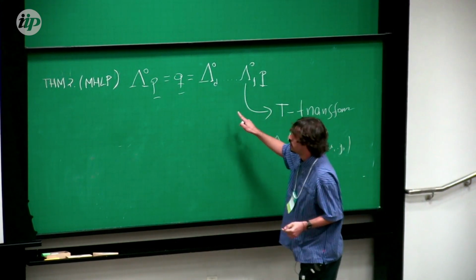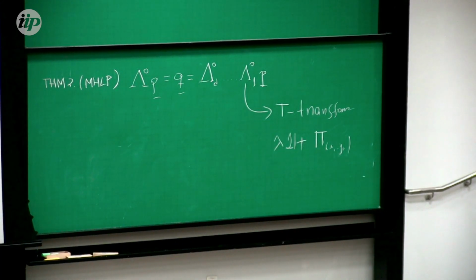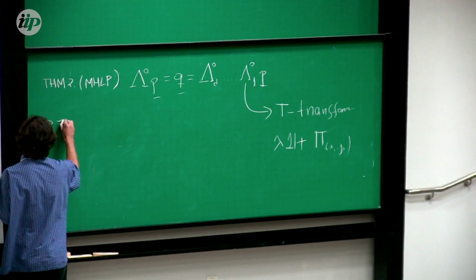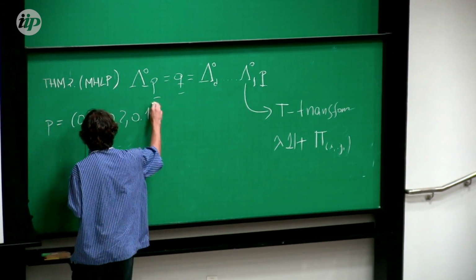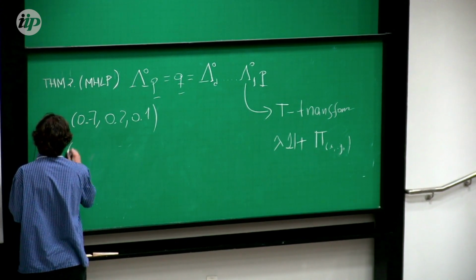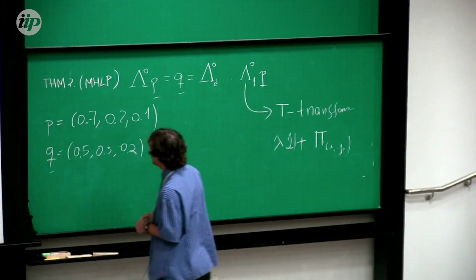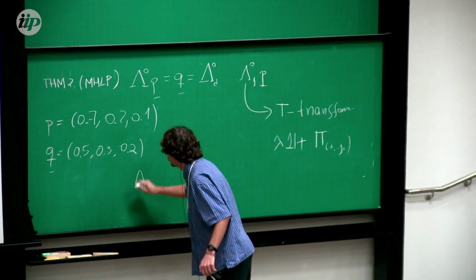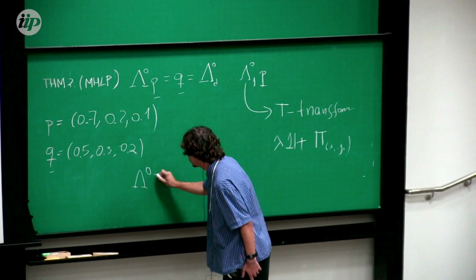This is very nice, because if we translate to the language of maps, it is telling us that at beta equals 0, I can break down this unitary into smaller pieces. For example, suppose I have my initial state P = (0.7, 0.2, 0.1) and my Q = (0.5, 0.3, 0.2). We know that we can transform P into Q, and then we can try to construct the stochastic matrix which does this.